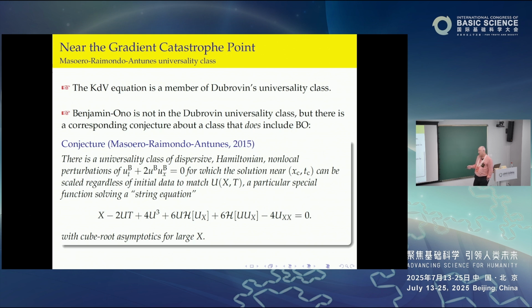So there's a universality class of dispersive Hamiltonian and non-local perturbations of the inviscid Burgers equation, for which the solution near the critical point can be scaled independent of initial data and independent of the equation in the class to match another thing, we'll call it capital U of (x, t), which should be a particular special function that solves this equation. They call it a string equation in the paper. It's some kind of non-local, because of the Hilbert transform, version of that Dubrovin equation, of that P-I2 equation. And again, you should look for the solution with cube root asymptotics for large x. So that was a conjecture in this paper.